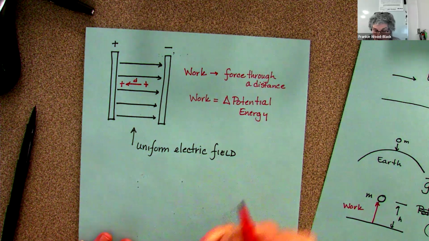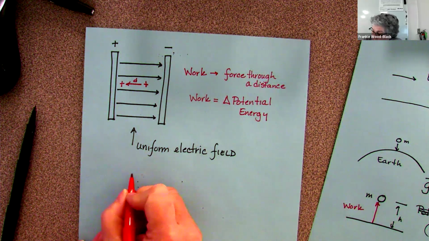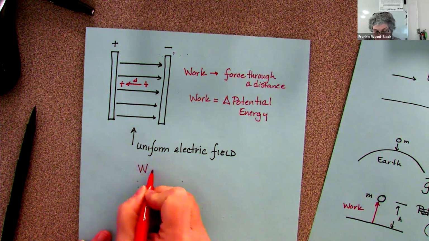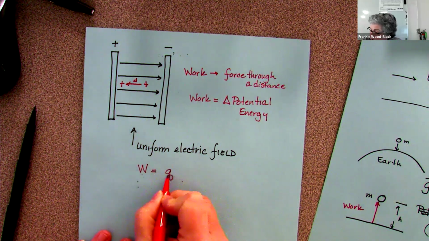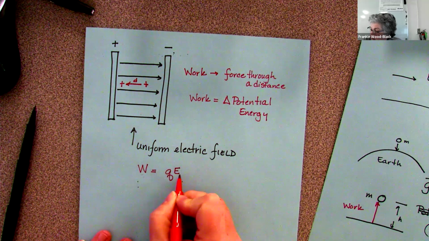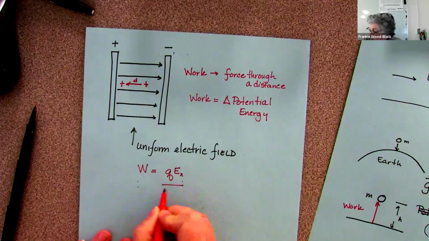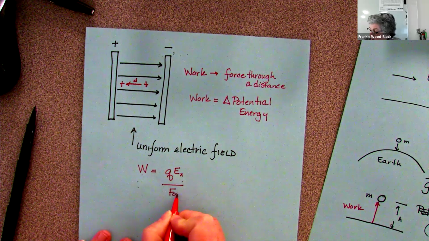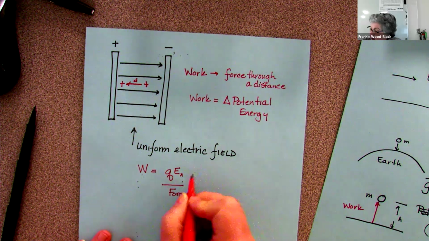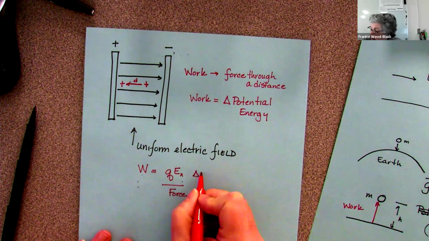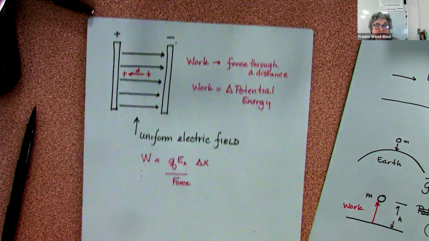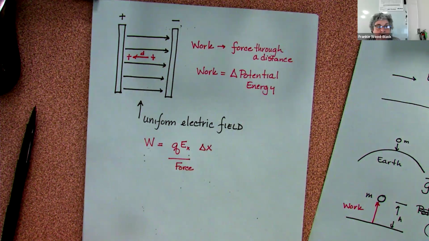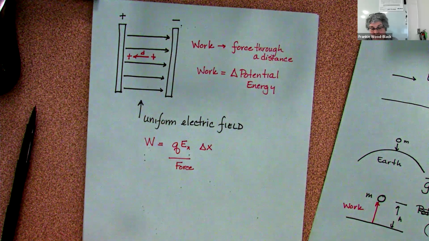So my work, in terms of my electrical sense, my work is going to be my force. Okay, this is my force times my change in my position. Well, that is a really good piece here that actually gives us that change.